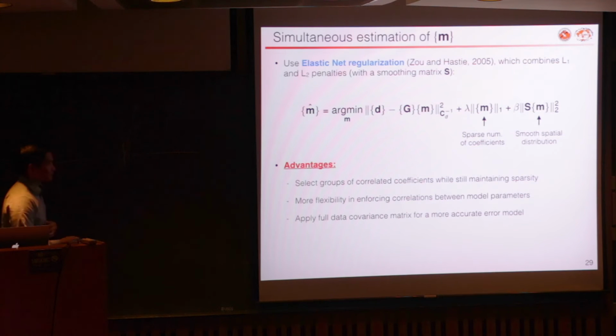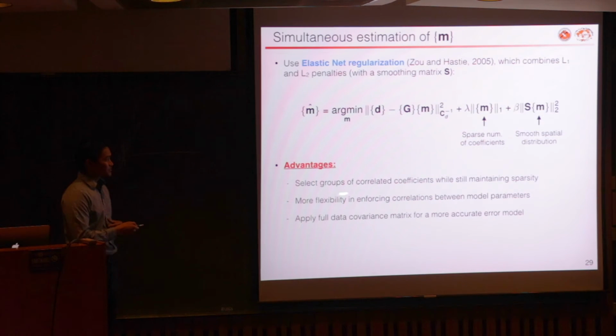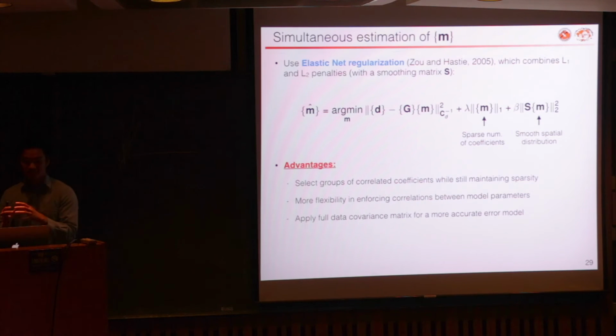The advantage here is that this method has been proven to select groups of correlated coefficients, sparse groups. Instead of just choosing one, you can choose a group, but still maintain sparsity. And this group is then representative of a spatially coherent transient event. This framework also gives you more flexibility in enforcing correlations between model parameters.